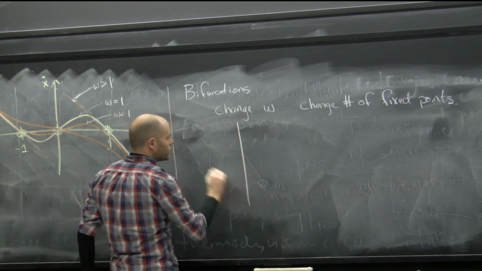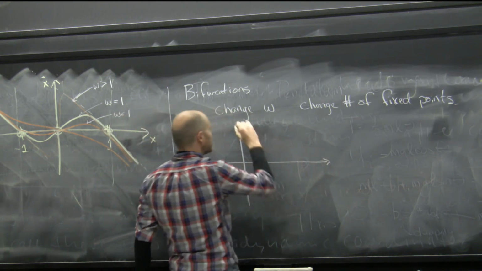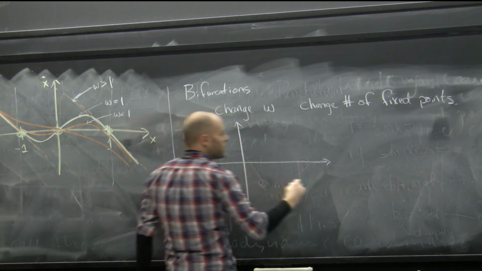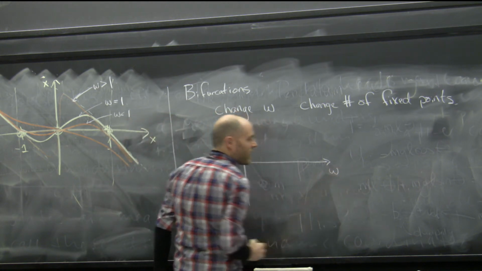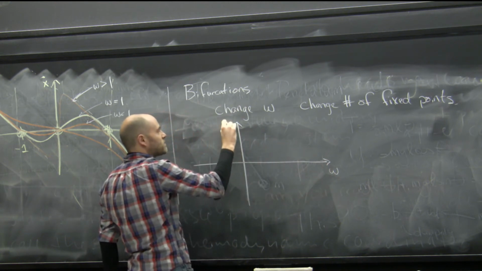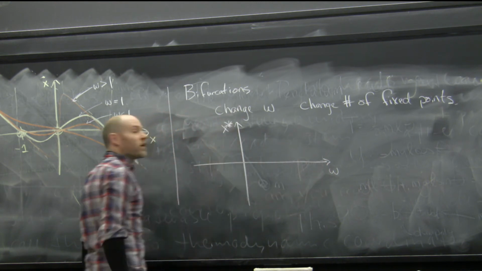A classic thing to do to shed some insight graphically into the system is to draw a bifurcation diagram. So I can draw, as a function of my parameter w, where our fixed points are.